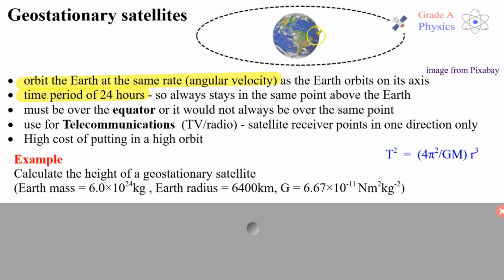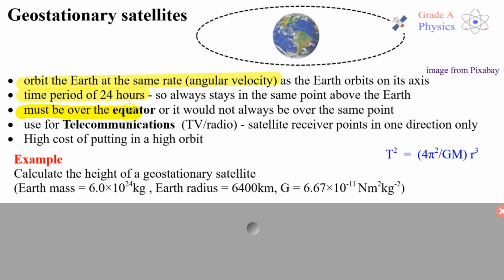So this is really important, because if you look up from any position on the surface of the Earth, then in the sky, whether it's day or night, the satellite will always appear to be in a fixed position relative to the Earth, which is why they're called geostationary. They are very much not stationary, they're moving at thousands of meters per second. But from our point of view, they are stationary.